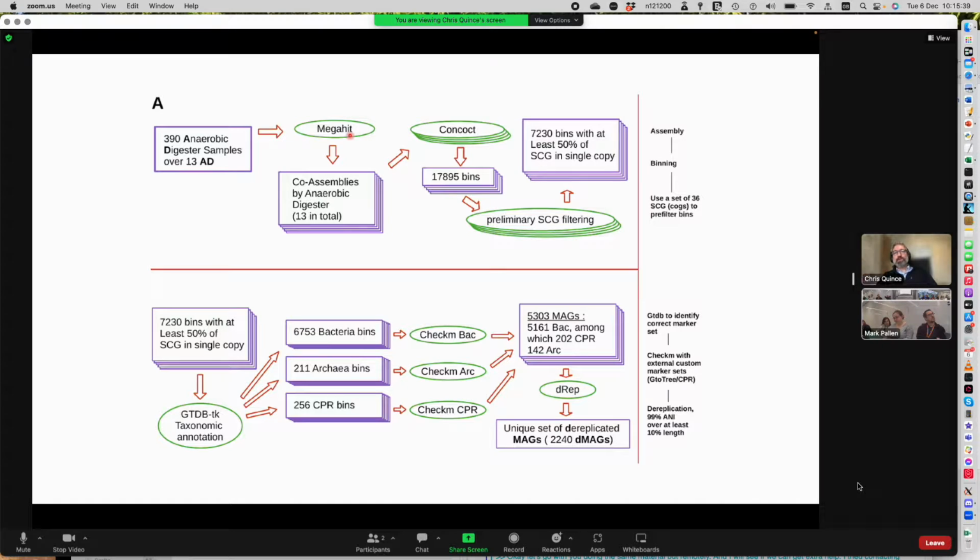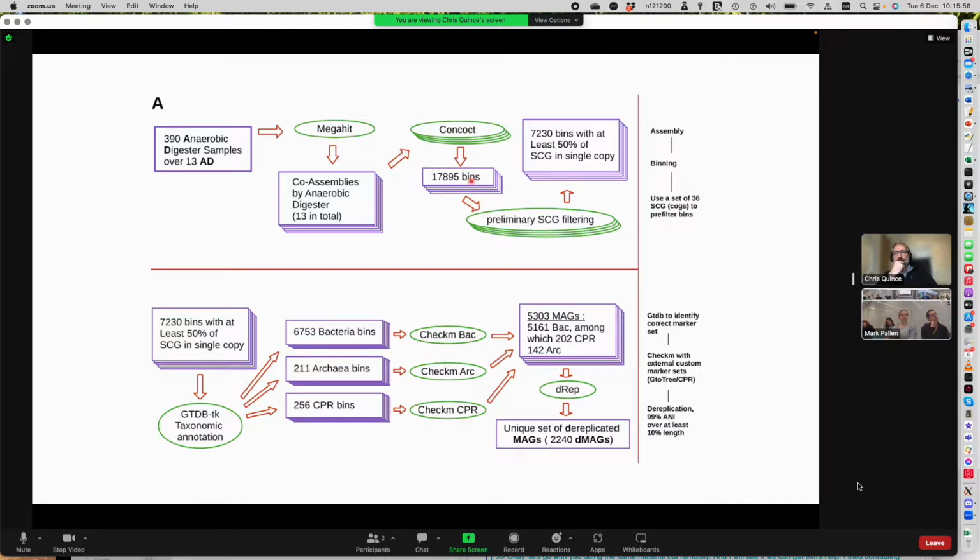So it makes sense to do the co-assembly on a longitudinal basis. But then we can use differential coverage across all the time points from each of those reactors inside CONCOCT to generate bins.